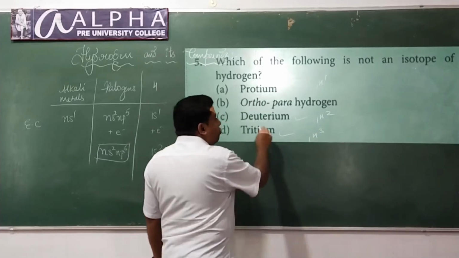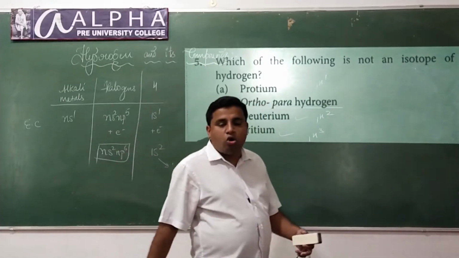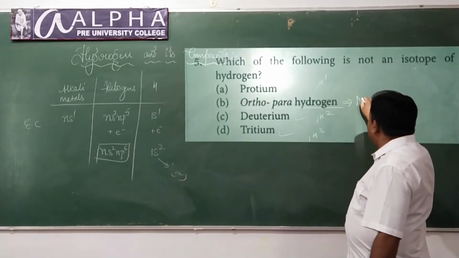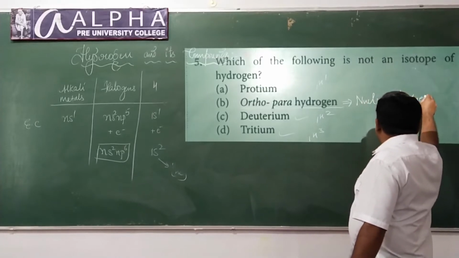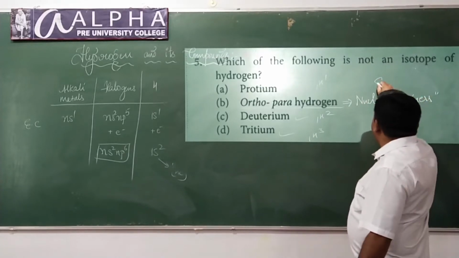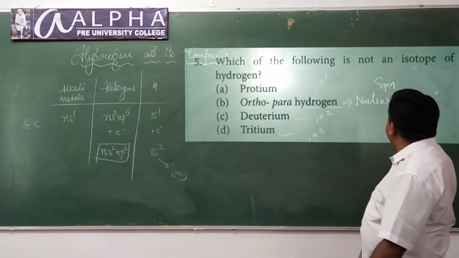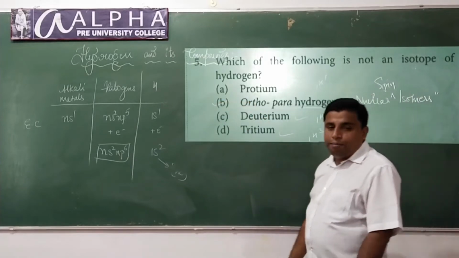But what about ortho and para hydrogen? In my previous video I told you ortho and para hydrogen are not isotopes. They are nuclear isomers, also called nuclear spin isomers. They are not isotopes. So what is the correct answer? It is option B, ortho and para hydrogen.